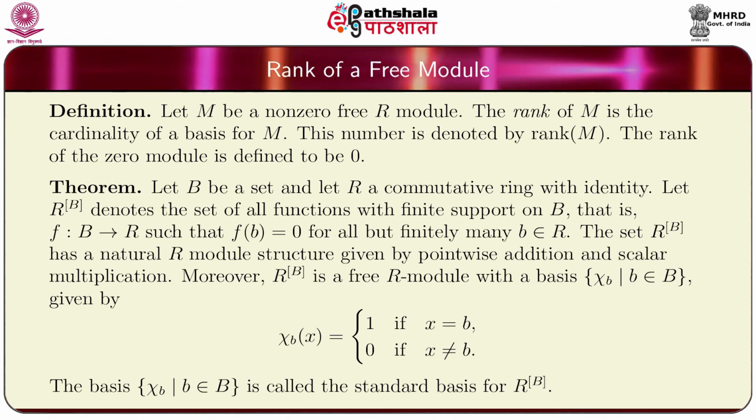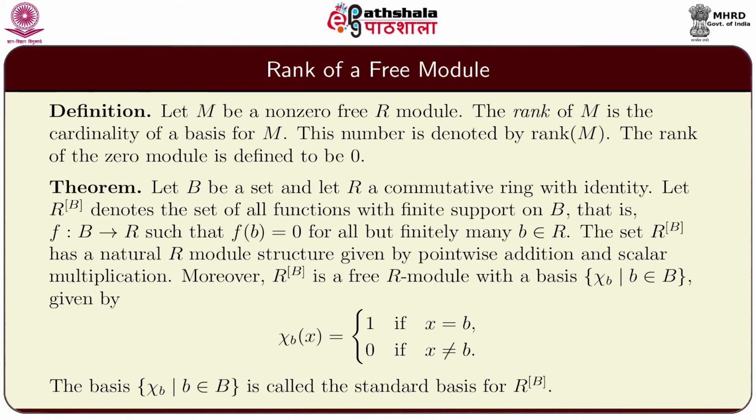Then it is easy to check that the set chi b is linearly independent and it spans the module R box B. So, this is a basis and it is called the standard basis for the module R box B over the ring R.